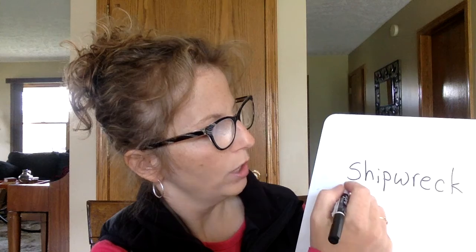So let's go ahead and pound that out. Ready? Shipwreck. Okay, first part, ship-wreck. Shipwreck. Go ahead and write that word. Okay, when you've got it down, let's take a look at it.